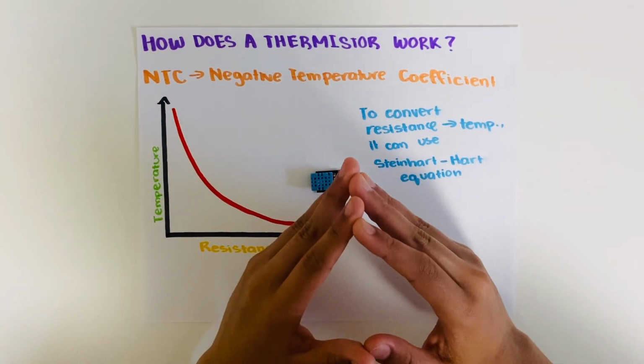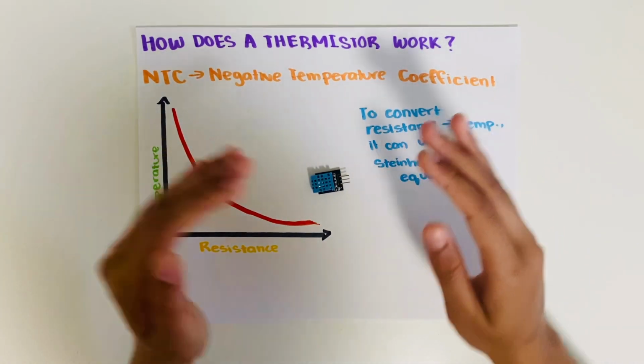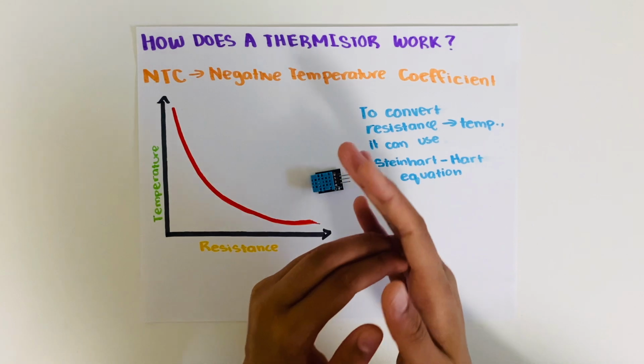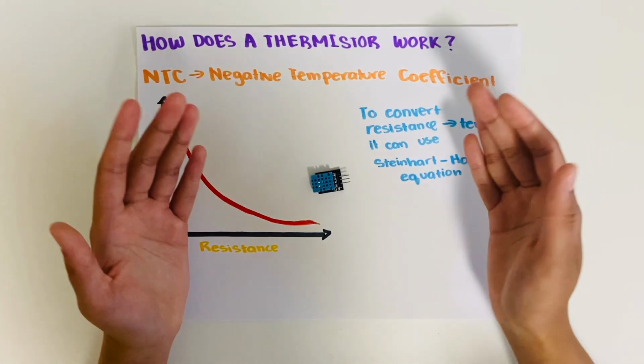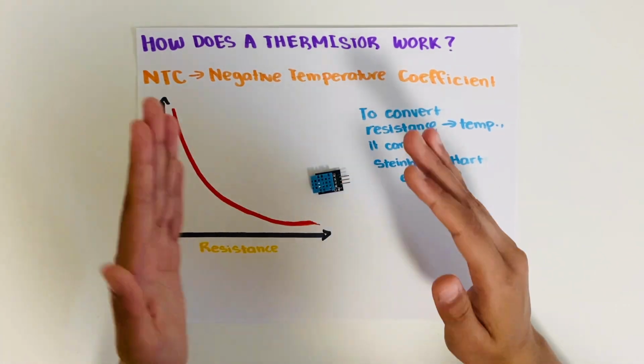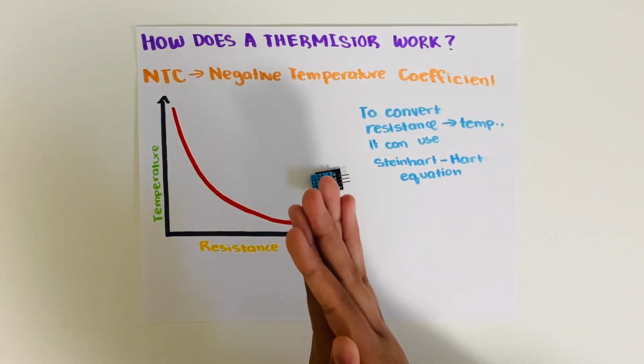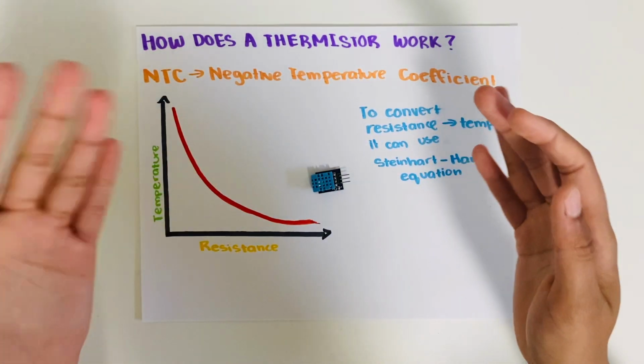NTC stands for negative temperature coefficient, where as resistance increases, temperature decreases, and vice versa. So they're inversely proportional. And for PTC, positive temperature coefficient, they're just directly proportional. So as temperature increases, so does resistance.